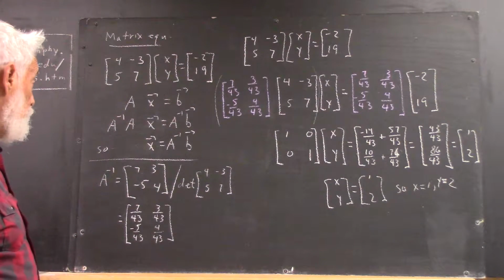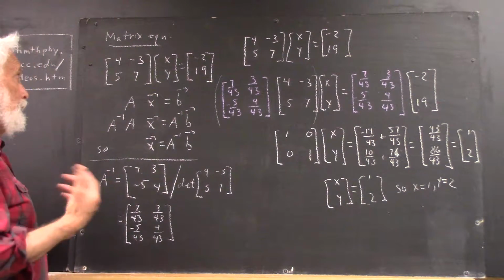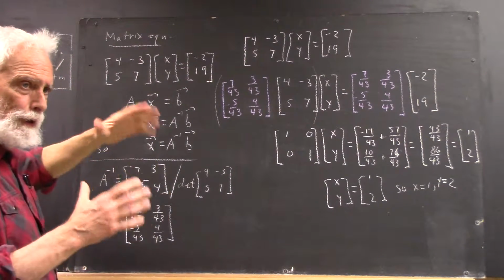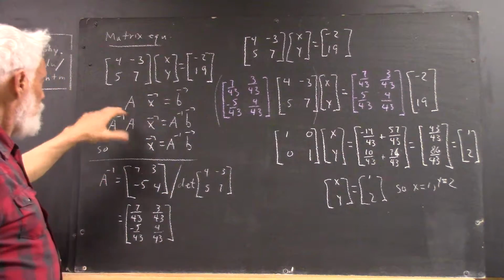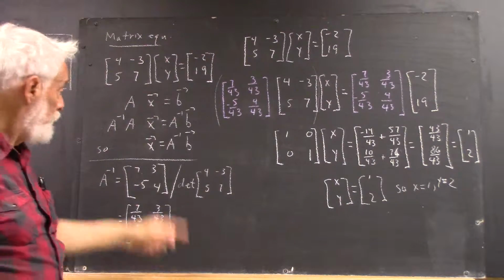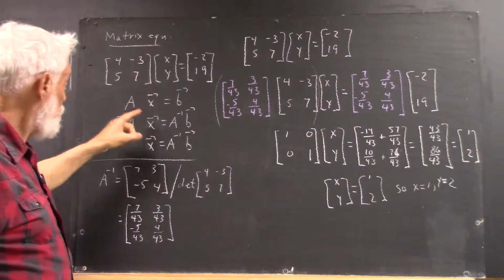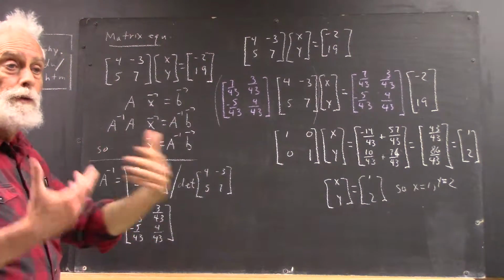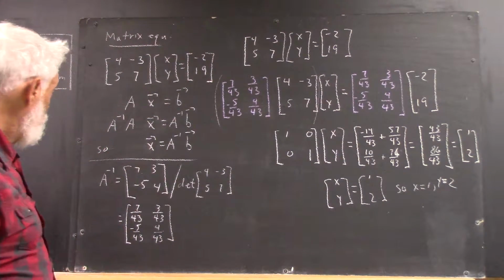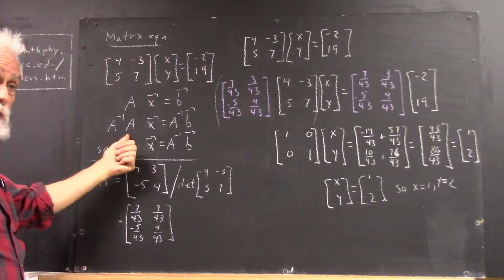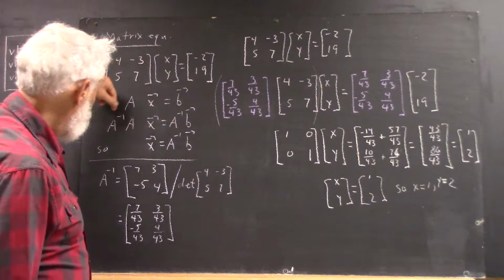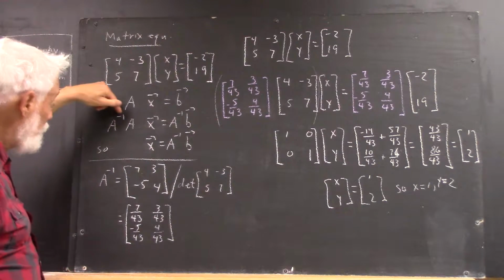We solve this by, well, if this was an equation with numbers and simple variables, you'd want to divide both sides by A to get x. Okay, well, we can't divide by a matrix, but we can do the analogous thing. We can multiply the matrix by its reciprocal, I'm sorry, by its inverse. It kind of feels that way, but it's the inverse.